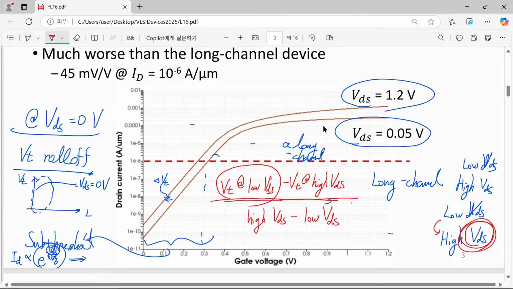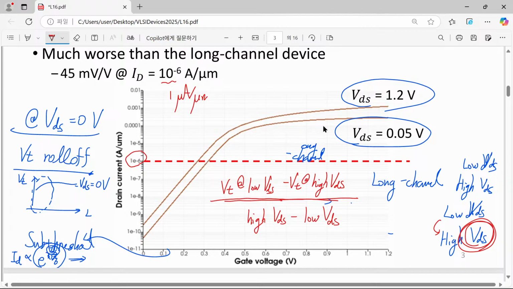In this case, let me just estimate, well, if we have 1.2 volt and 0.05 volt, then for example 10 to the minus 6, 1 microamp per micrometer, is regarded as the criterion for detecting threshold voltage. Well, why do we have to take this value? It depends.